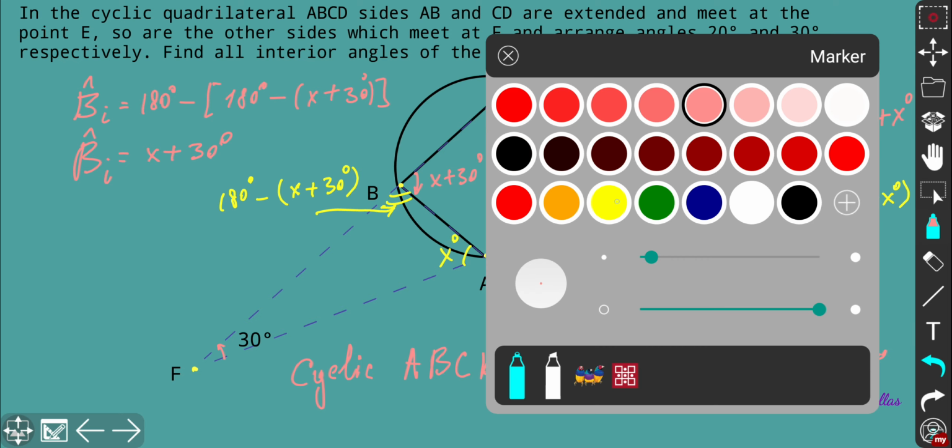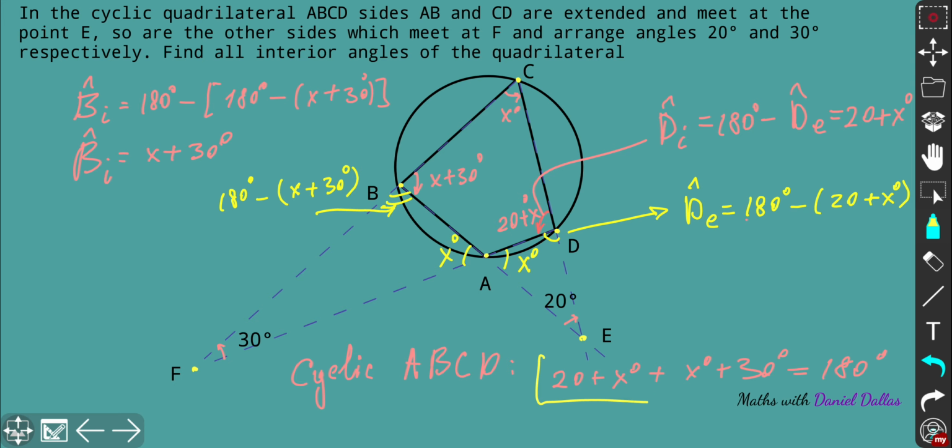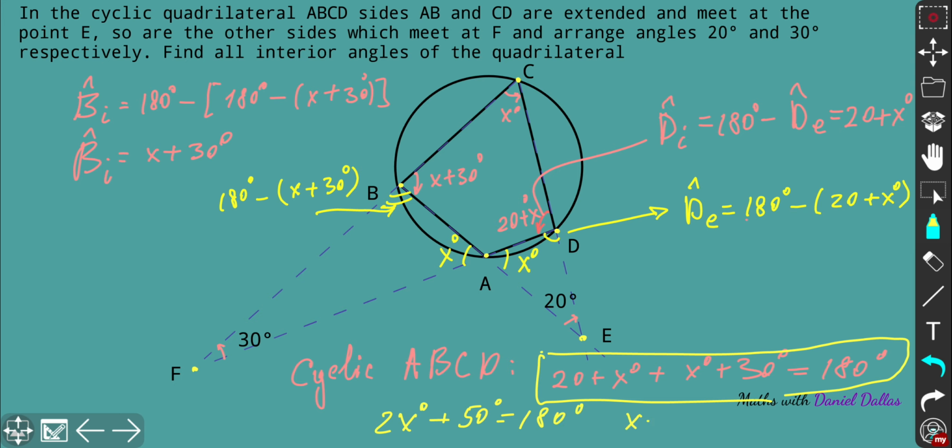And this is the equation that allows us to find all interior angles, because from here we can figure out angle X. So 2X plus 50 will form 180, from where we find X is 130 over 2, which is 65 degrees.